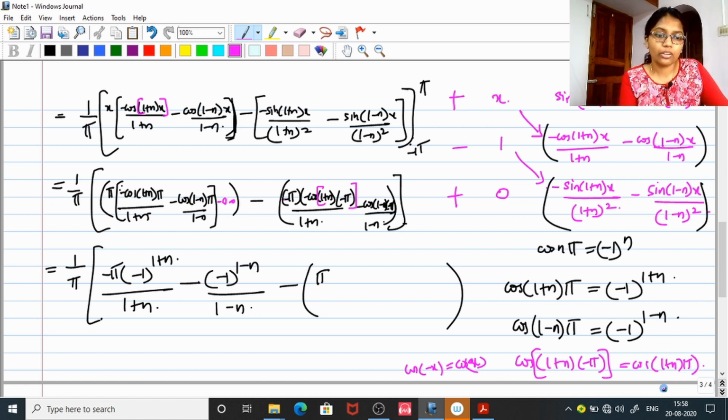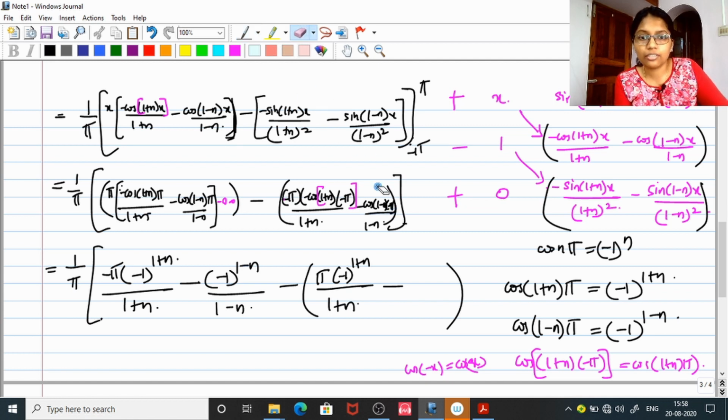Okay, so here again cos of 1 plus n pi is negative 1 raised to 1 plus n. So this term reduces to pi, minus pi is pi, and cos of 1 plus n into negative pi is simply negative 1 raised to 1 plus n divided by 1 plus n, minus again cos of 1 minus n into negative pi. See, I have cluttered it.